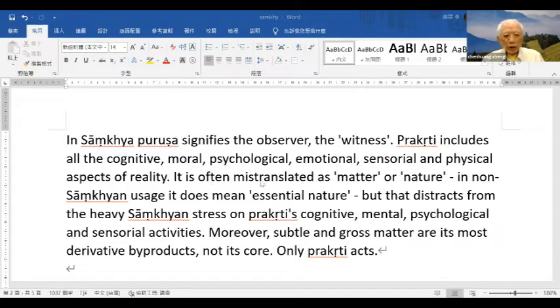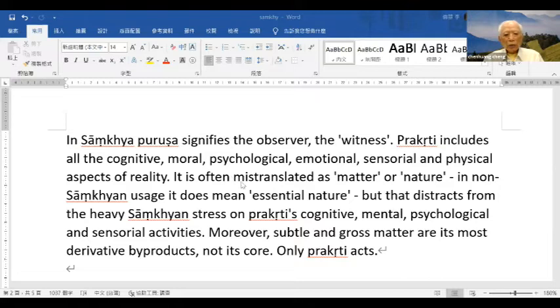It is often mistranslated as matter or nature. So from this, we understand that the Chinese translation is a little bit in error. It is wrong because in Chinese translation, we call Prakriti the principle of materiality or matter or nature.